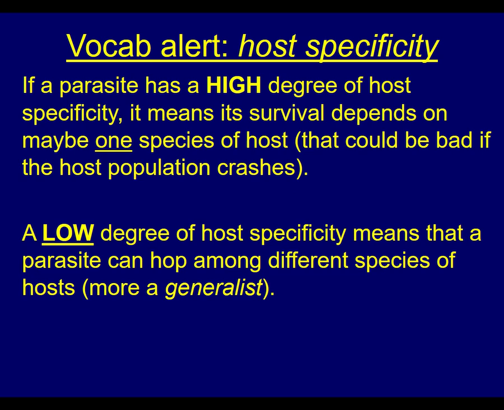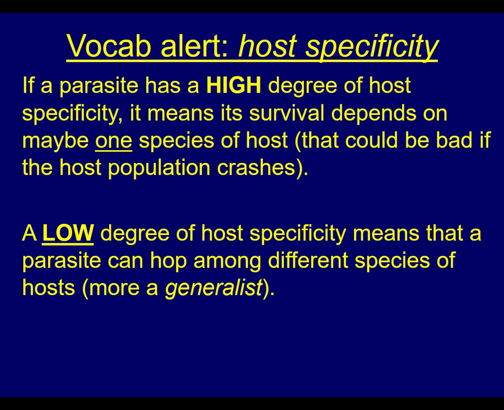And the downside with that is if your host doesn't live in large colonies, or if your host dies, let's say you're some parasite that lives only on polar bears, and that's it. You're like, nope, I'm only going to live on polar bears. If your polar bear dies, you have to now go find another polar bear. And that could be really hard to find because they don't hang out in big groups. And so, if the next polar bear is 35 miles away and you're half an inch long, chances are you're going to die with that polar bear.